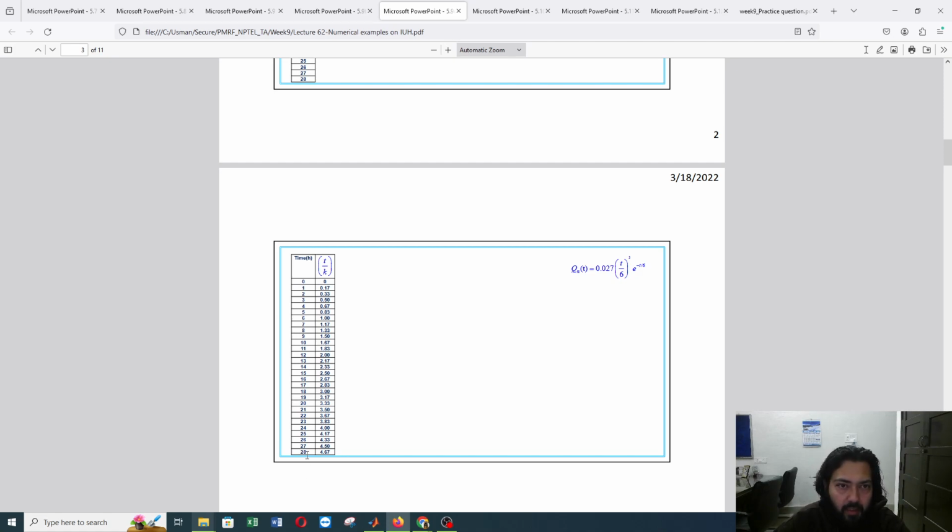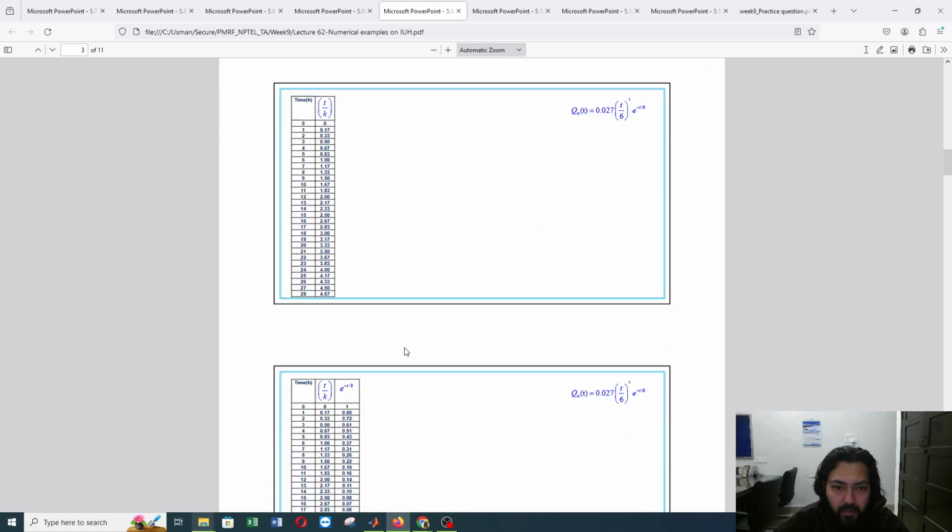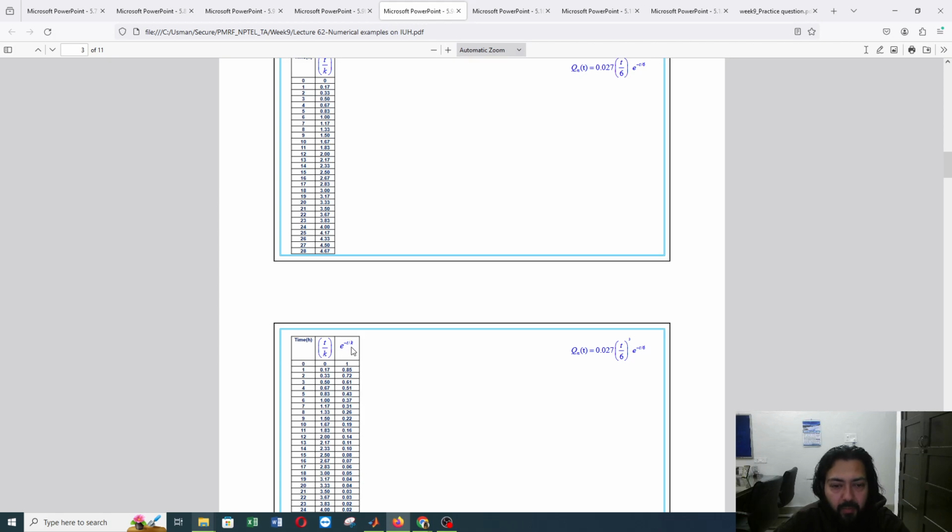We can take any hours that we want. Then we have calculated the ratio of t by 6, that is t by K. Then we are going to calculate the value of e to the power of minus t by K. So we have calculated that value.